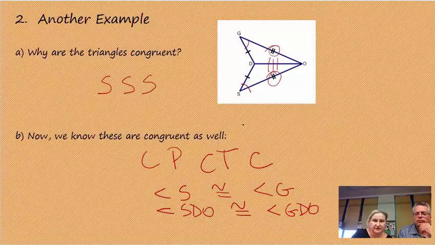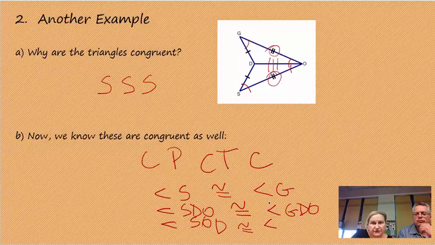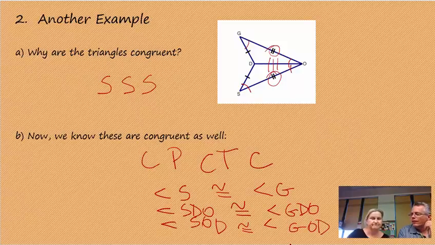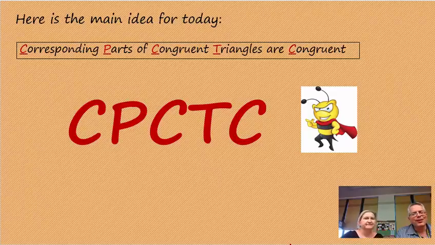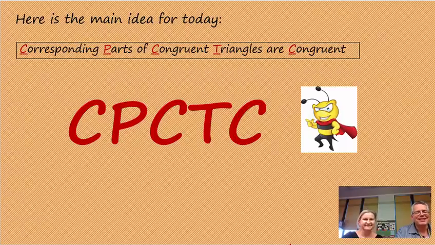And my third angle right here, this angle congruent to this angle, so angle SOD must be congruent to angle GOD. All right, very good. Once we know that they're congruent, all the corresponding parts have to be congruent. So, again, corresponding parts of congruent triangles are congruent. That's what CPCTC stands for.